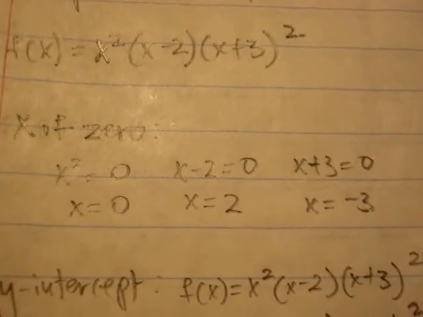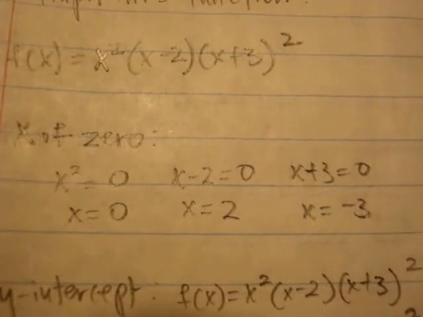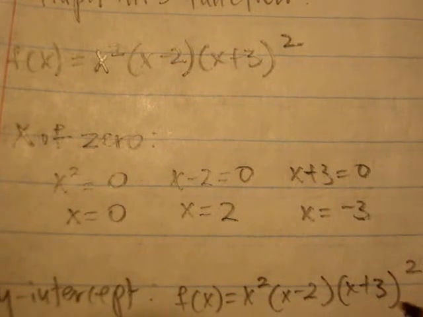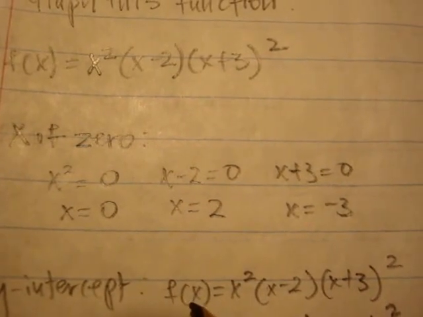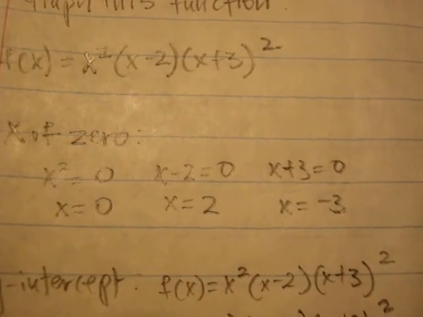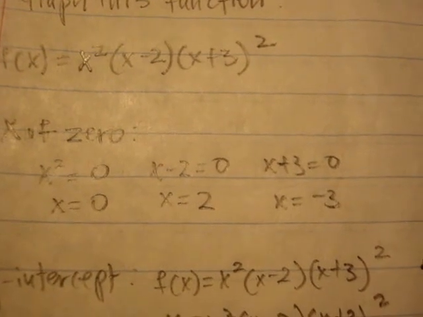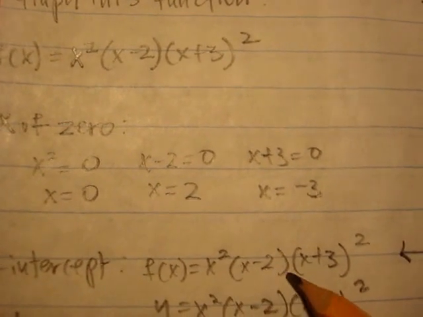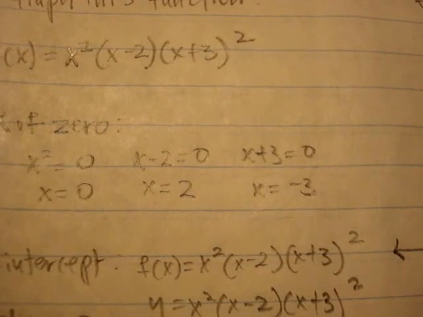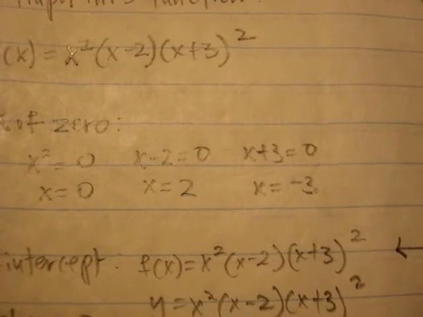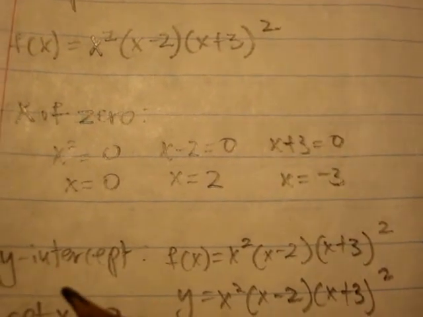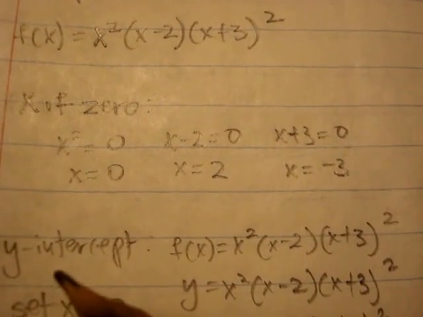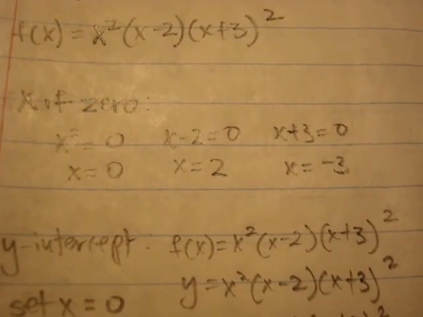The second thing you need to do is to find the y-intercept. To find the y-intercept, you make this f(x) into y. y is the same thing as f(x). And then put down the same factors right here. And when you solve for the y-intercept, you set x equal to 0.